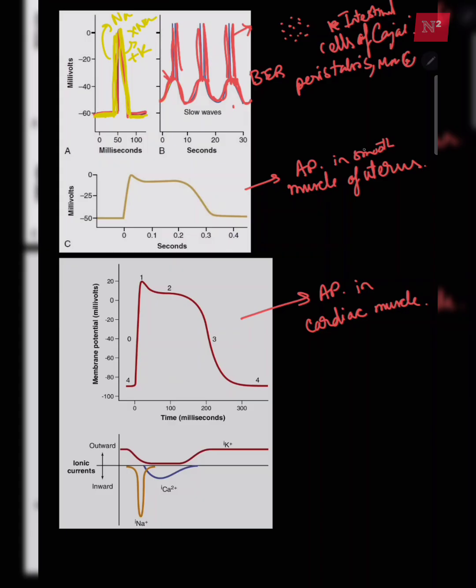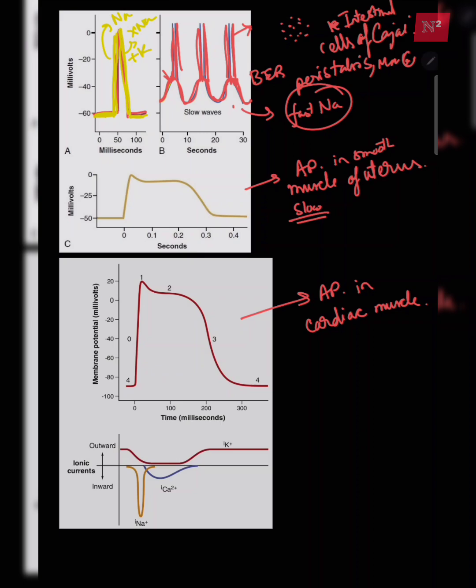Okay, on the other hand, in uterine smooth muscles there is presence of some slow channels also. In the skeletal muscle action potential we saw that we have the fast sodium channels which open quickly and close quickly.